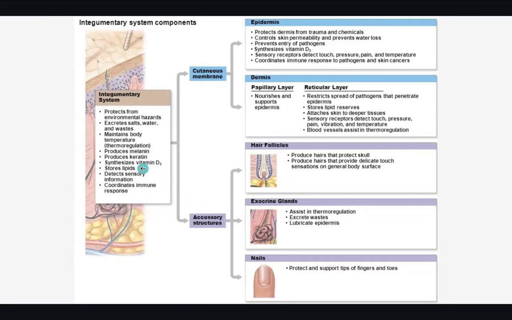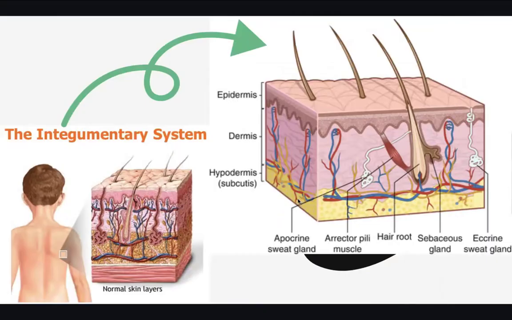Okay. Aside from that, of course, you have the hypodermis which would be storing lipids. Okay, so in the fatty tissues, which are responsible also for a temporary source of energy and heat. Another one, it detects sensory information because remember in the dermis region, so let me just go back.